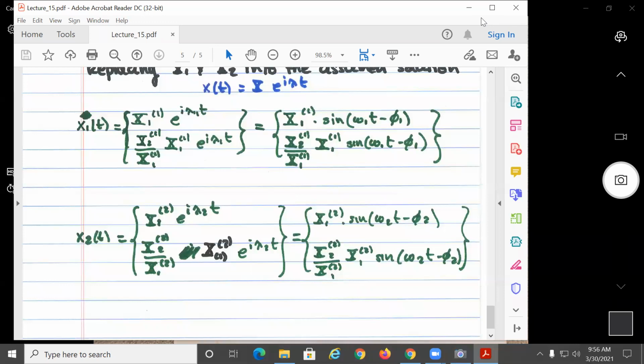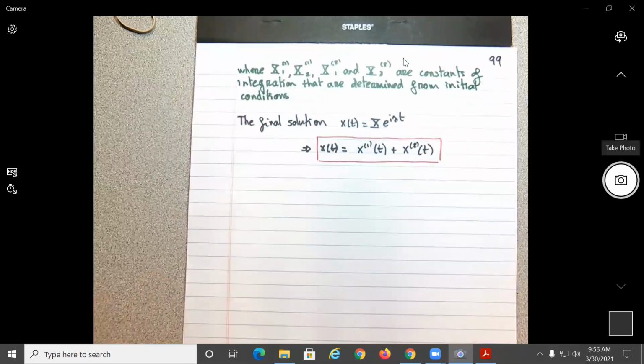So let us do an example, very quick, and I think everything will be a little more clear. All right, so example.